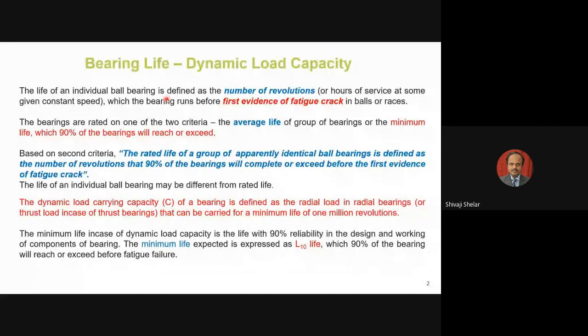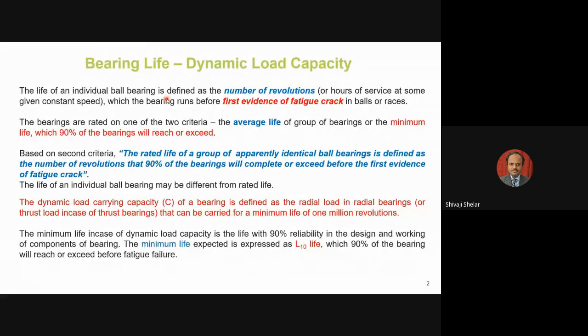Then I should select a bearing such that the load carrying capacity for that rated life is met. So we select the rated life. We don't calculate it. We select the rated life for a particular application, and then we calculate the dynamic load capacity, which I am going to explain in a further slide. Whatever remaining part of your doubt, I will explain while explaining the next topic, dynamic load capacity, in detail.